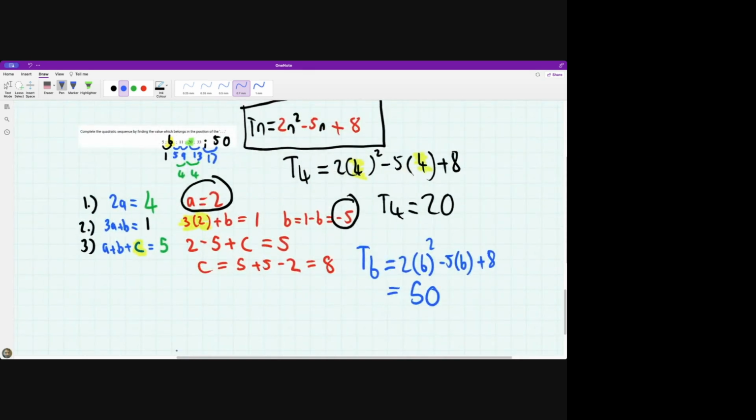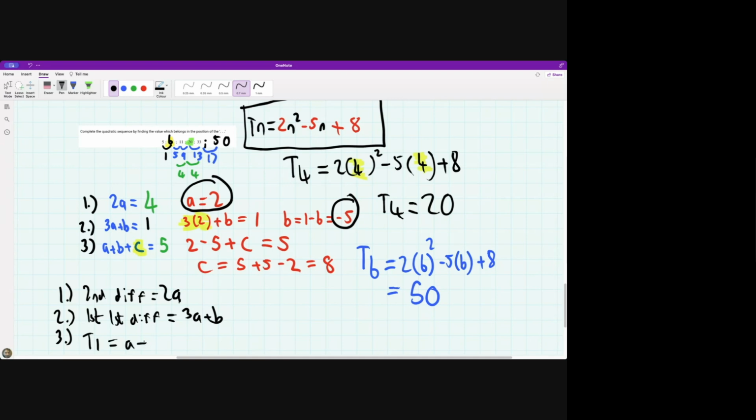Now, in the next lesson, we're going to practice this method, but it's really going to be just the same method where we say, look, we know that the second difference is always equal to 2a. We know the first difference is equal to 3a plus b, and we know that T1 is equal to a plus b plus c.